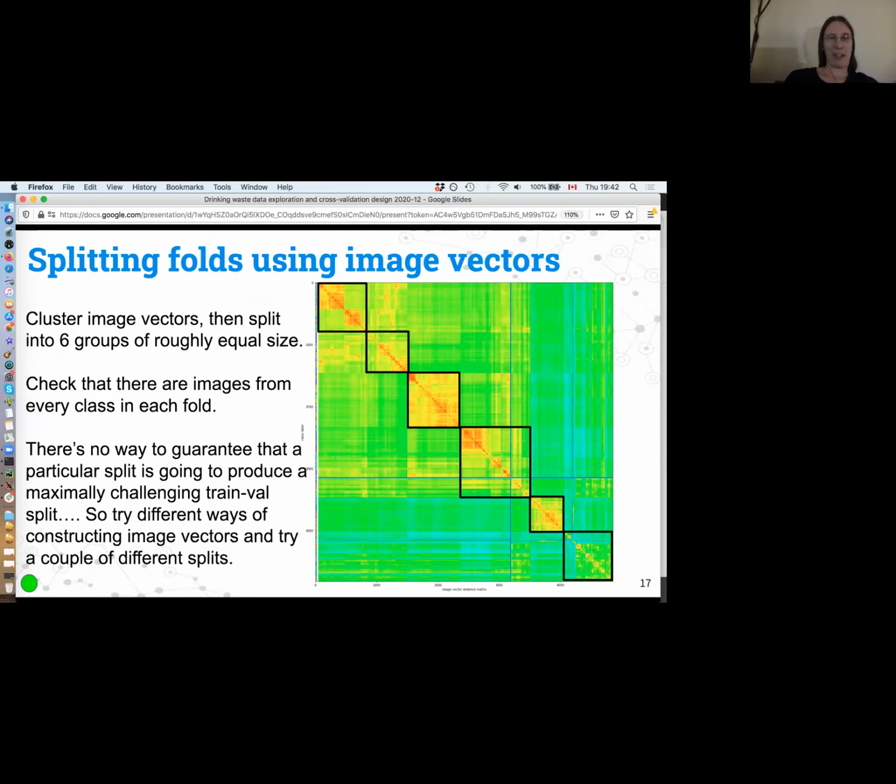Each of these clusters is now going to be a fold in your training and validation process. There's no theoretical guarantee that a particular split is going to produce the maximally challenging training validation split, so it's fine just to experiment and see what happens.